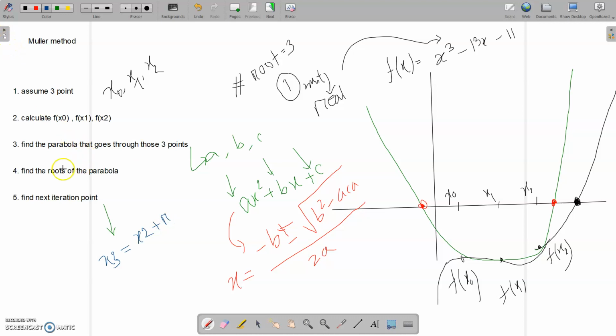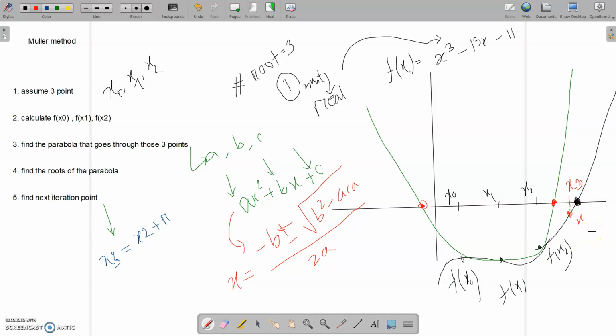The r that is calculated from step 4, I'll just add to my x2, so that becomes my new point. Let's say this is present somewhere here. For this point I have something like this. So let's say this is my x3.